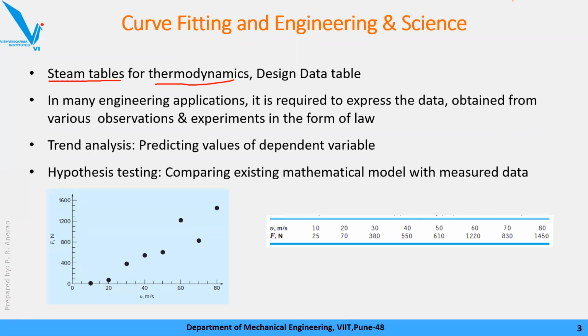Now in certain cases, basically as an engineer or a scientist, you try to go for these two types of analysis, a trend analysis or a hypothesis. In the trend analysis, you try to observe a trend from your experimental data and use that to predict the values of the dependent variable. So for example, you are studying the share market, where there are plenty of process parameters.